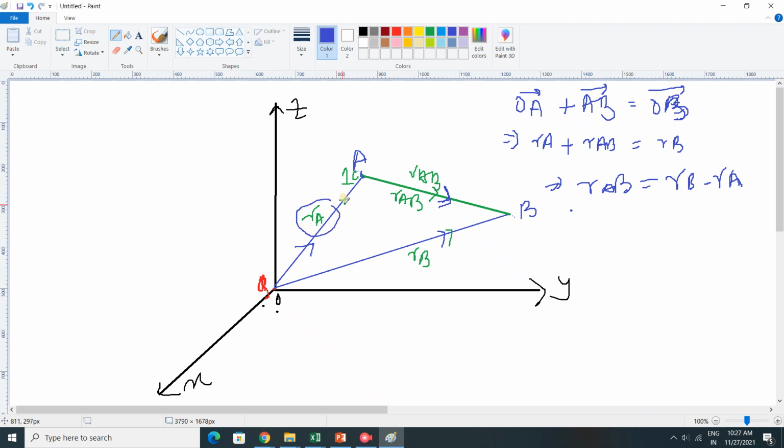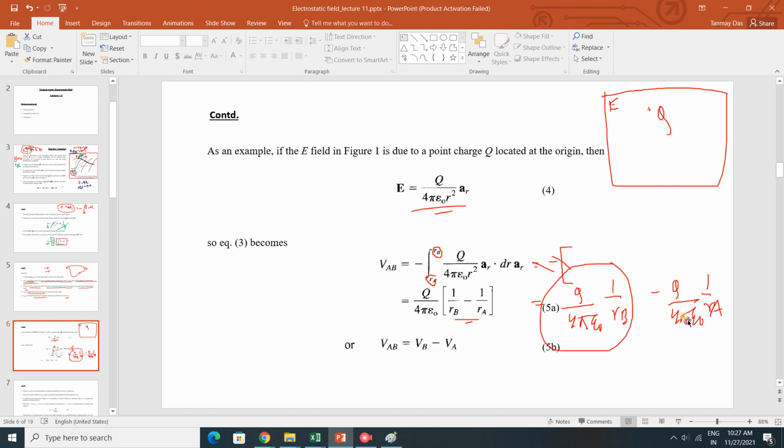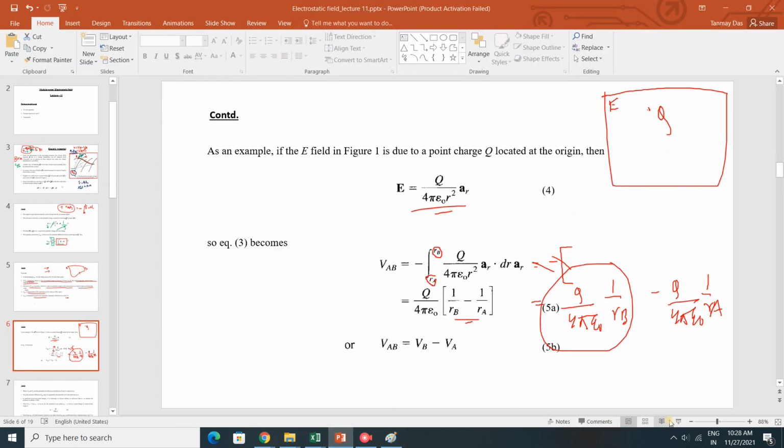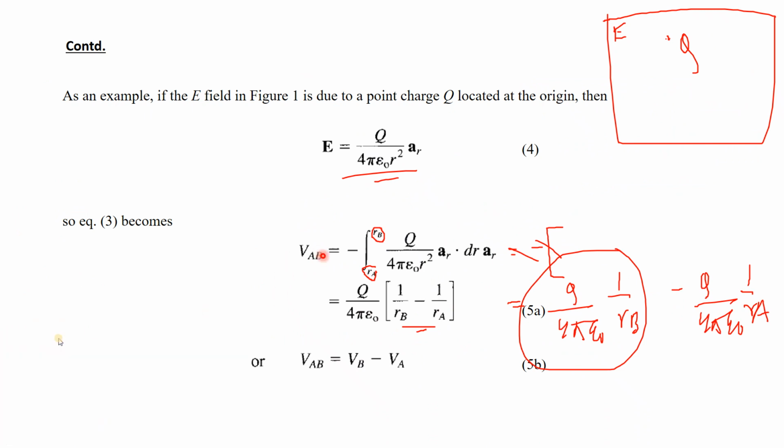Q by 4 pi epsilon naught 1 by RA is the potential at this particular point, VA, and the term with 1 by RB will be VB, the potential at this point, isn't it? So when we subtract the two, we get this potential difference.